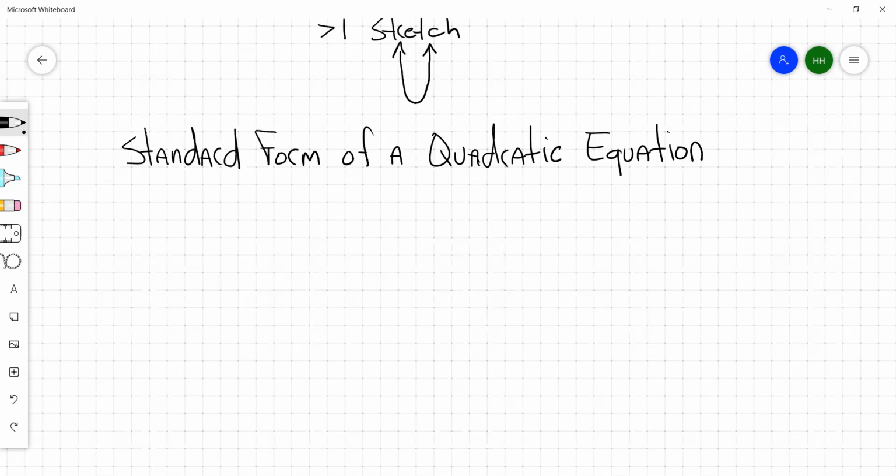All right, standard form of a quadratic equation. Right here, function of x is equal to ax squared plus bx plus c.